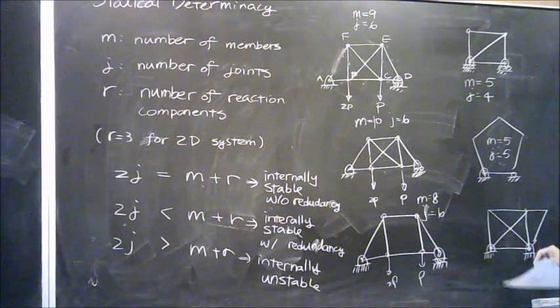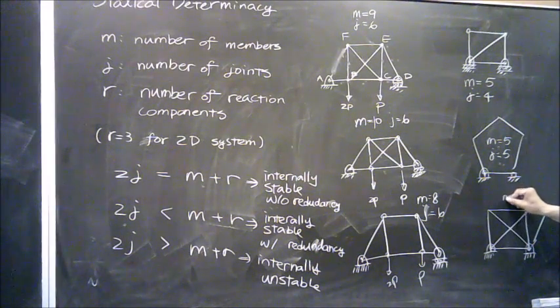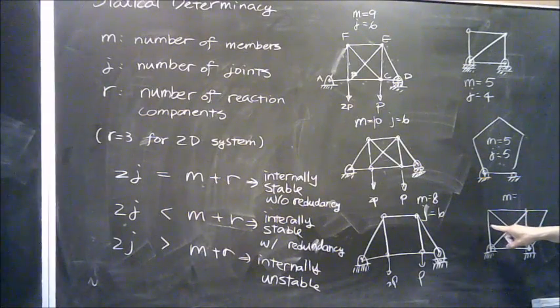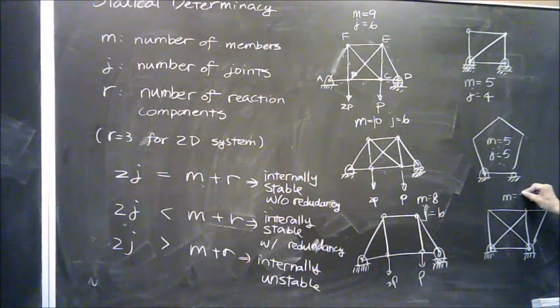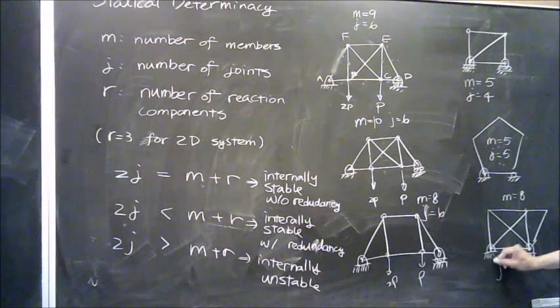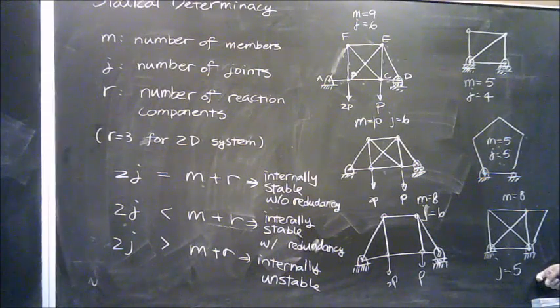How about this? m equals 1, 2, 3, 4, 5, 6, 7, 8. My joints equal 1, 2, 3, 4, 5. How about this? 8 plus 3 equals 11. 2 multiplied by j is 10.